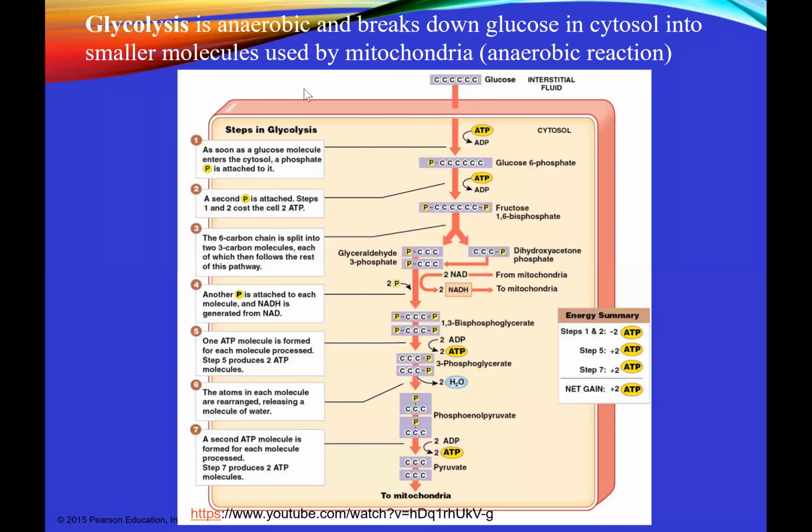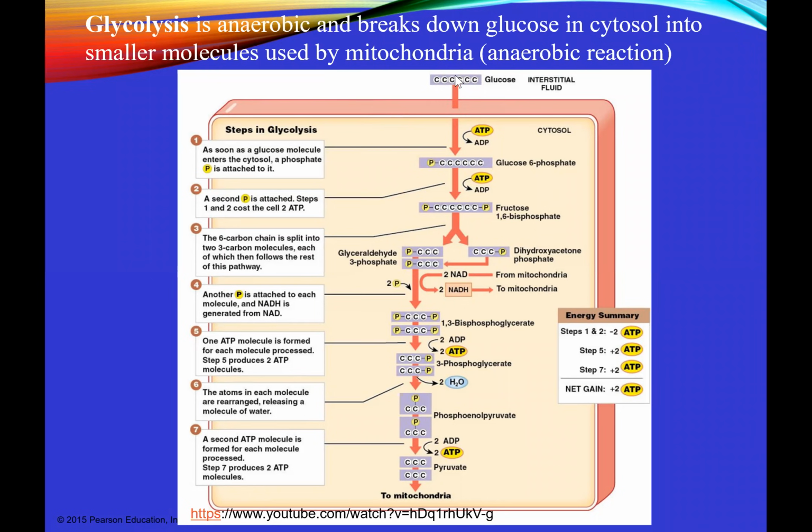So in the cytoplasm, when your body requires very quick ATP, let's say you are doing a sprint, you're running so fast, there is not enough oxygen coming in because you are flying so fast. Then your body will make quick ATP in glycolysis.